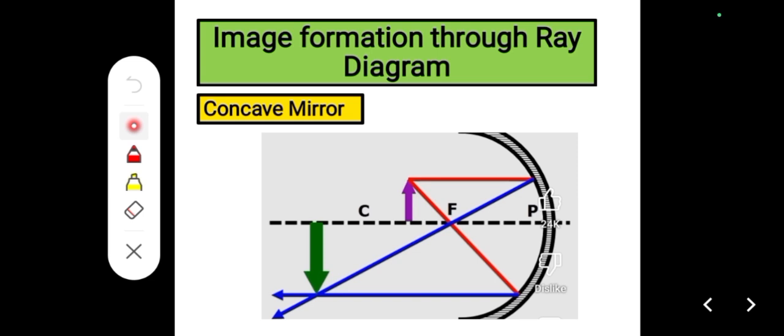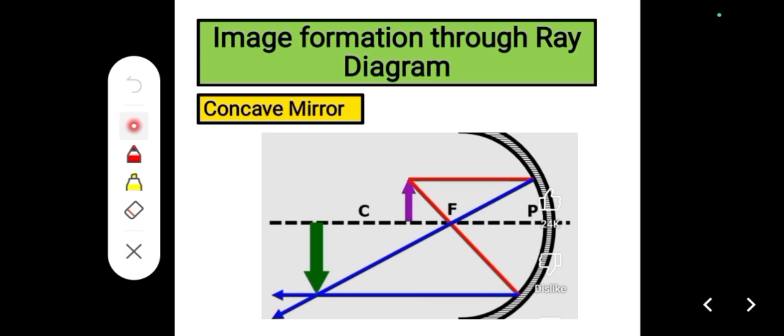So there you go. You have your image as represented by the green arrow, while the object is that of the purple arrow. That's how we come up with an image using a ray diagram.